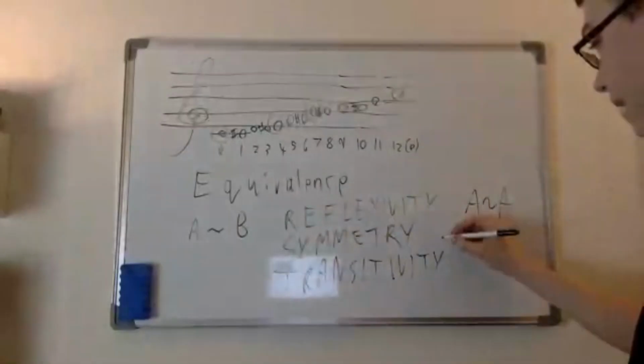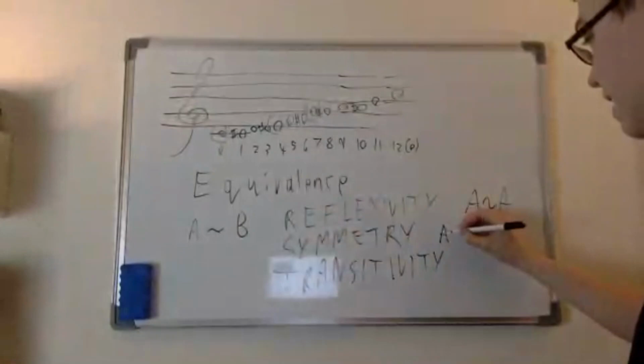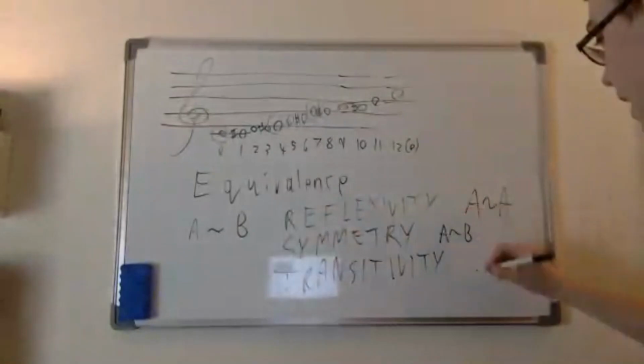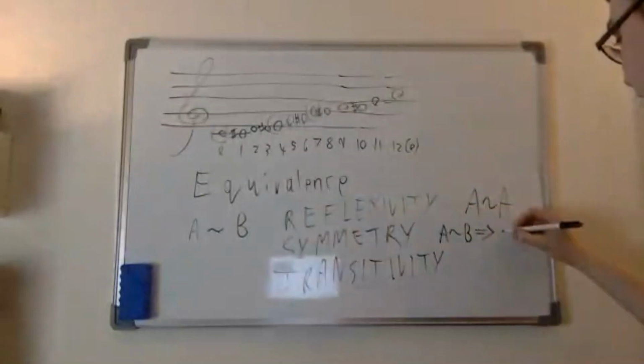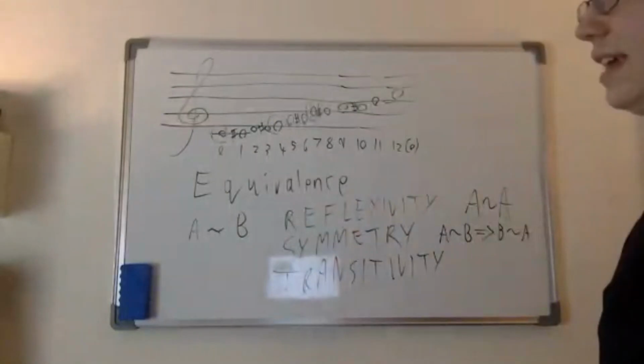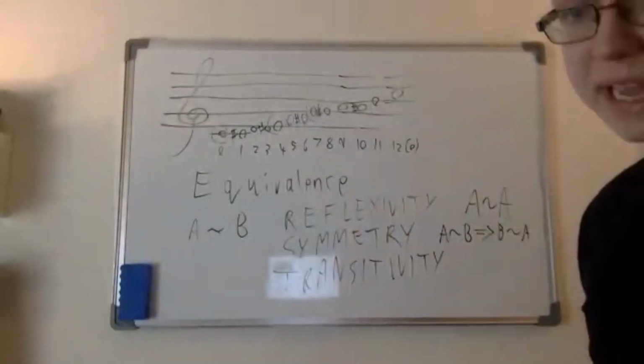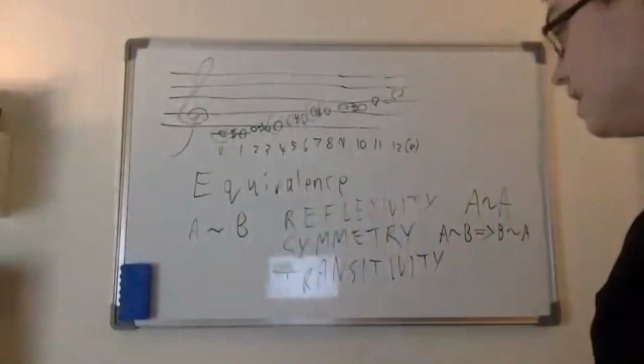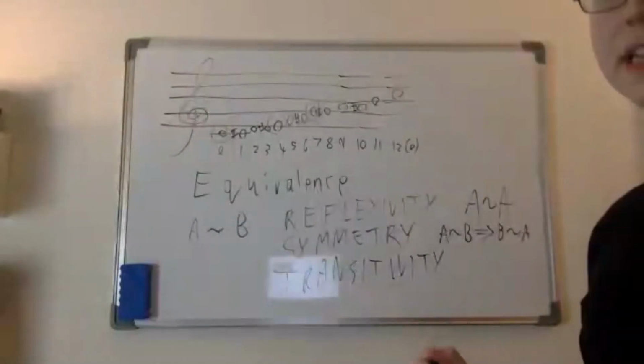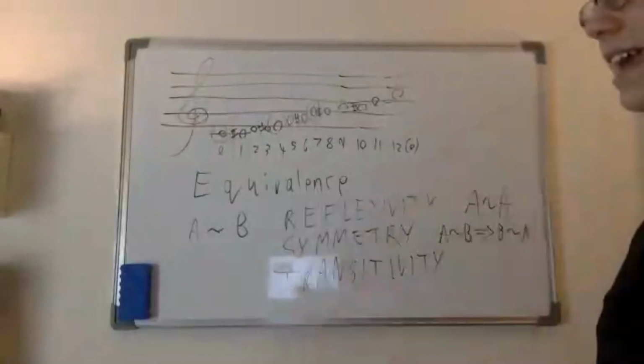So that means if I have two things, A and B, and I have A is equivalent to B, then I can say that B is also equivalent to A. So, to give an example of something that's not an equivalence relation, if I say that A is bigger than B, that doesn't mean that B is also bigger than A. It's not an equivalence relation because it doesn't work like that. On the other hand, equality, the equal sign, if A is equal to B, then B is equal to A. It is symmetric like that.